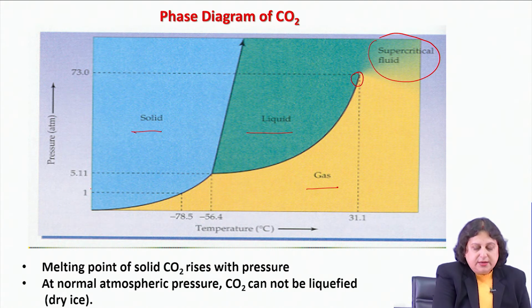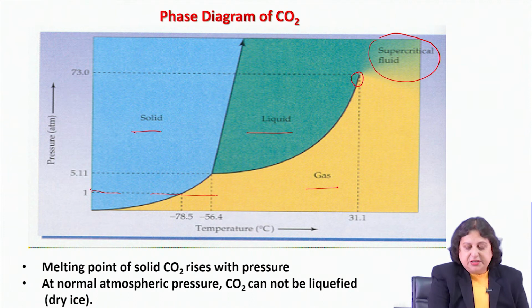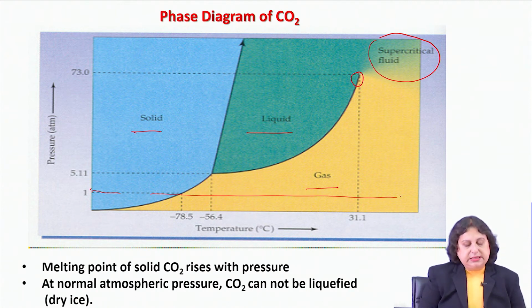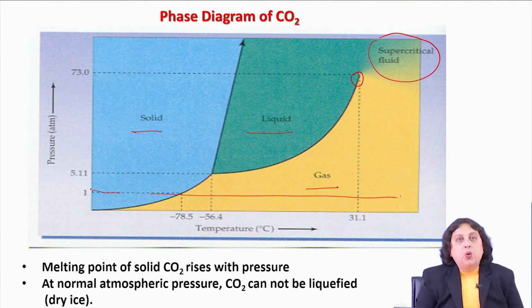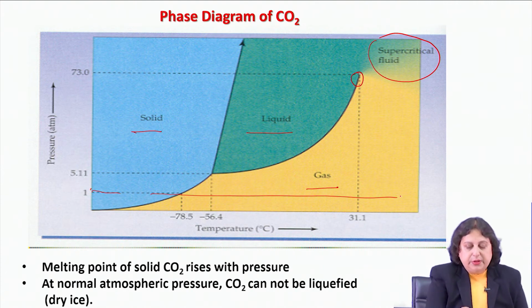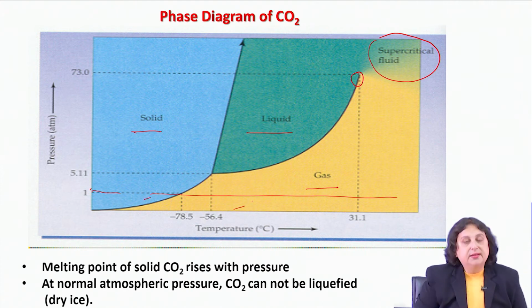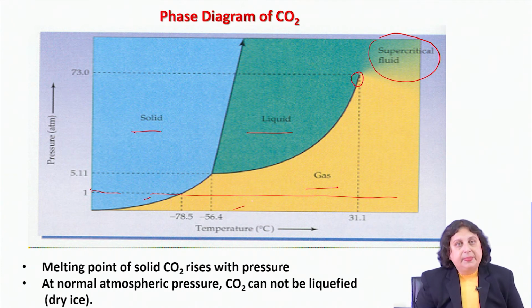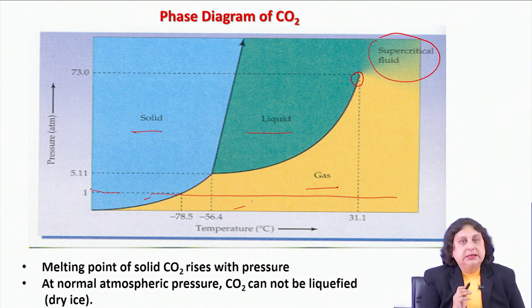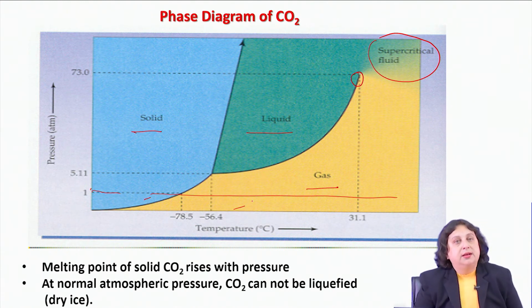At 1 atmospheric pressure, this is 1 atmospheric pressure, as you see there is only equilibrium between the solid phase and the gas phase. Therefore, I would say that at normal atmospheric pressure, the only phase transition that carbon dioxide can undergo is sublimation on heating.